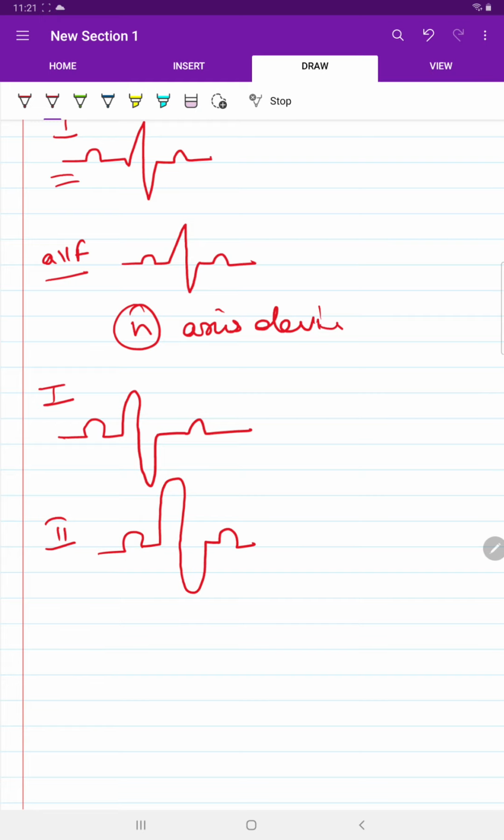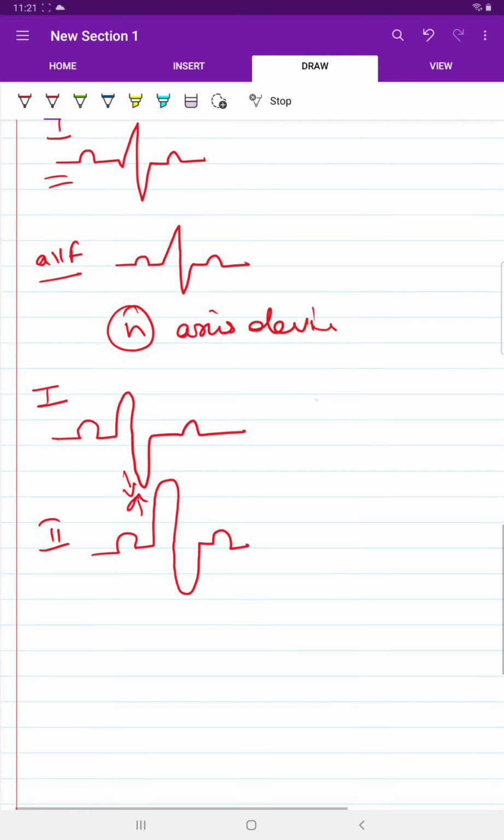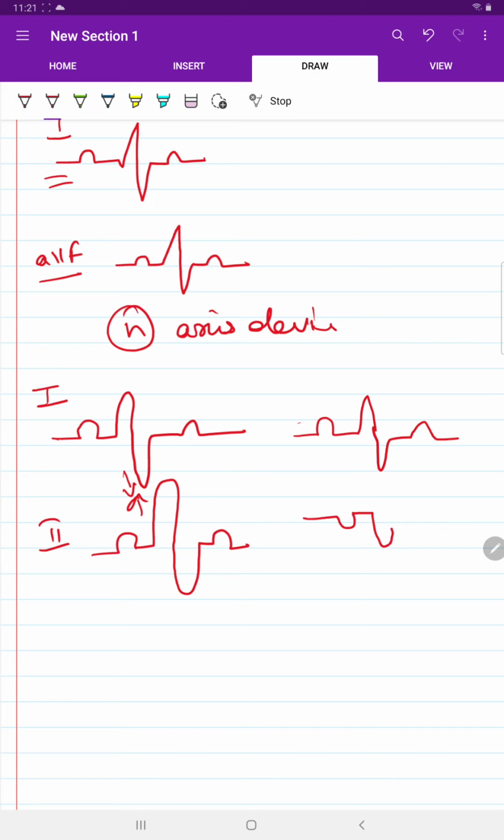Don't look at the diagrams. See, the direction of these two leads is the same. If they are in the same direction, then what will happen? Compare on this side. Sorry for the poor diagram.